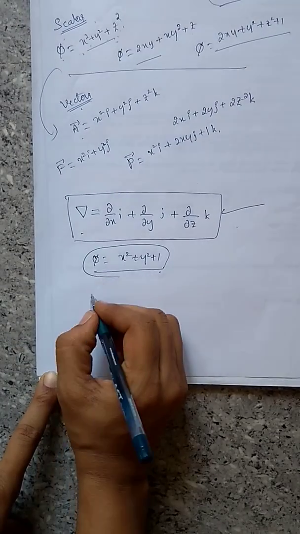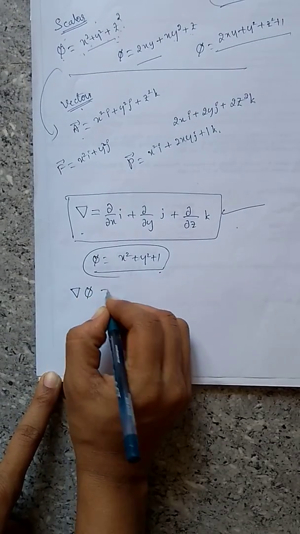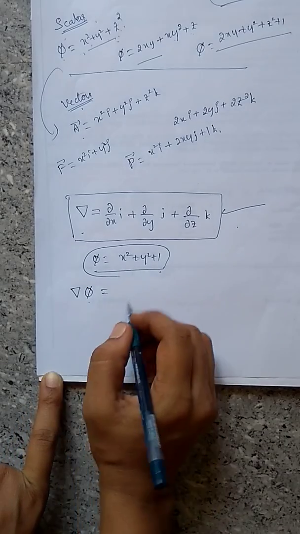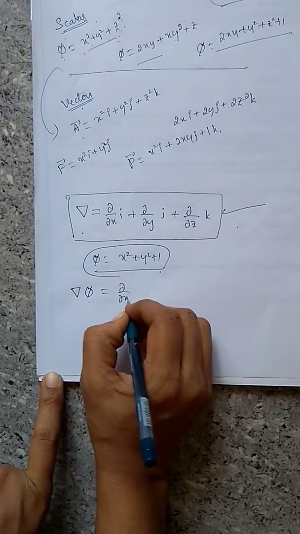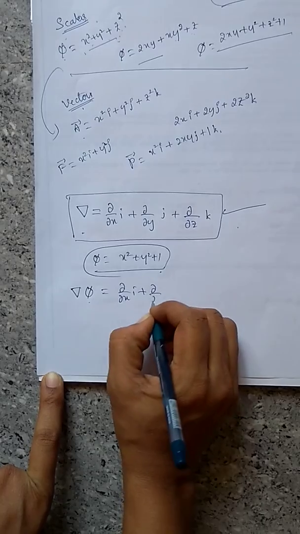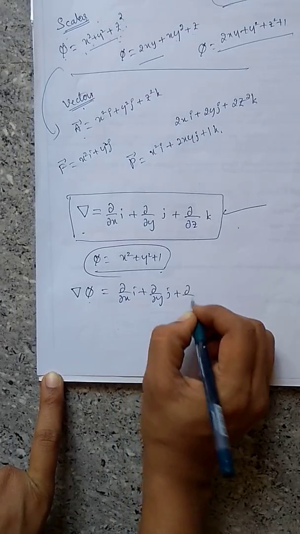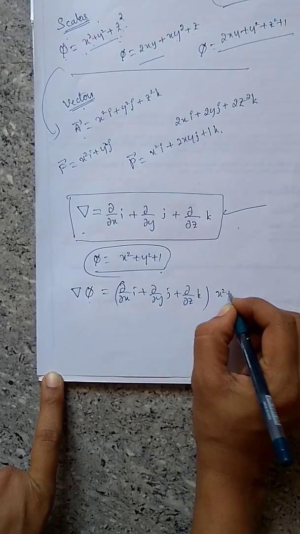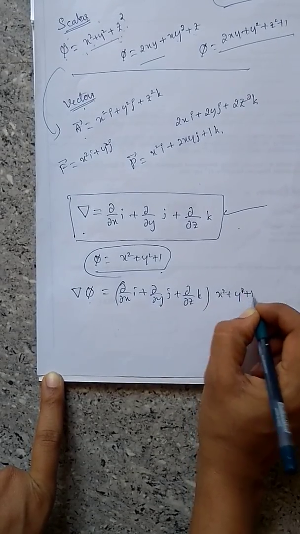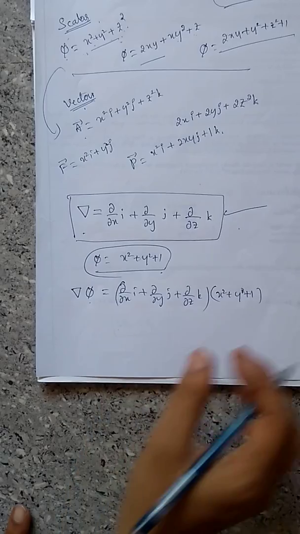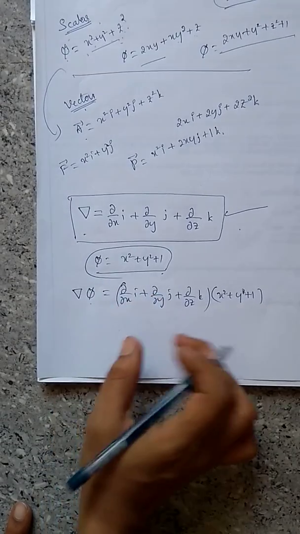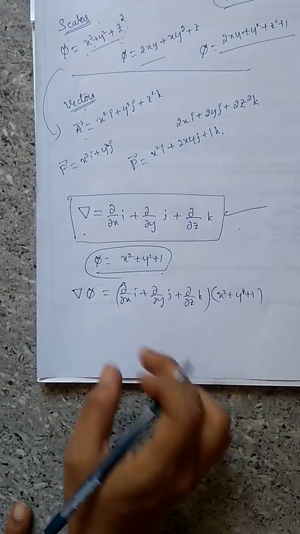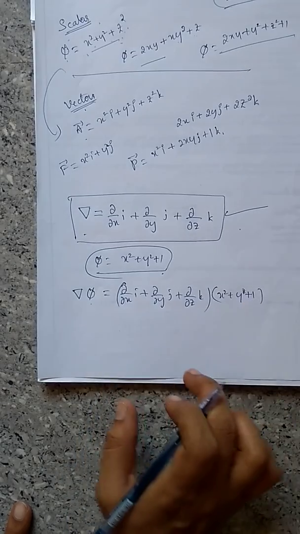Therefore, I multiply this pi function with the operator del, which is dou by dou x into i plus dou by dou y into j plus dou by dou z into k, and we get the vector form.